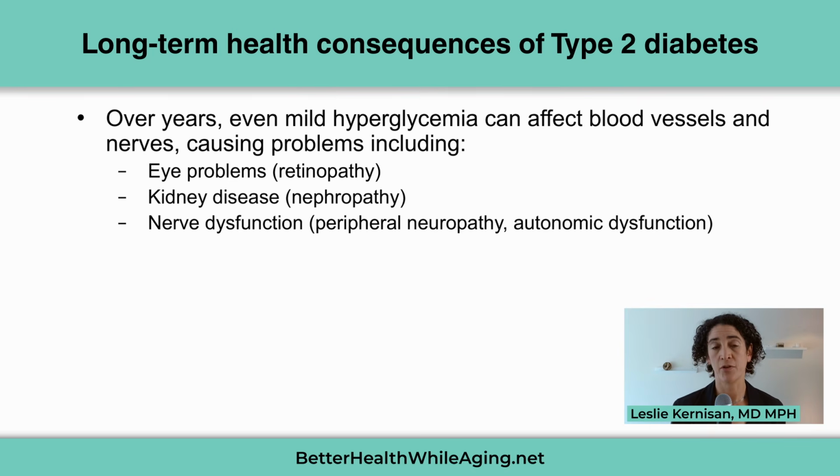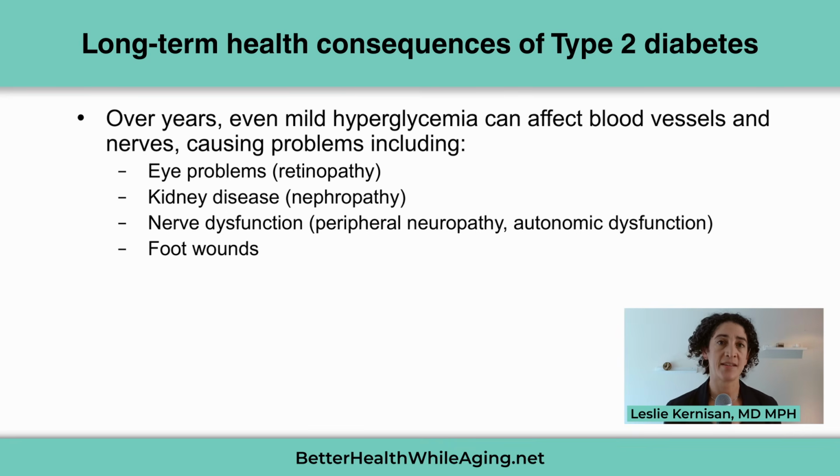They can get peripheral neuropathy from diabetes or autonomic dysfunction where they might have difficulty regulating their rest and digest system or their heart rate. Again, this usually happens after years and years of having diabetes, not within the first weeks or months. People who've had diabetes for a long time can also be prone to getting foot wounds. They can, first of all, injure themselves and not feel it as much because they've lost some nerve feeling in their feet.